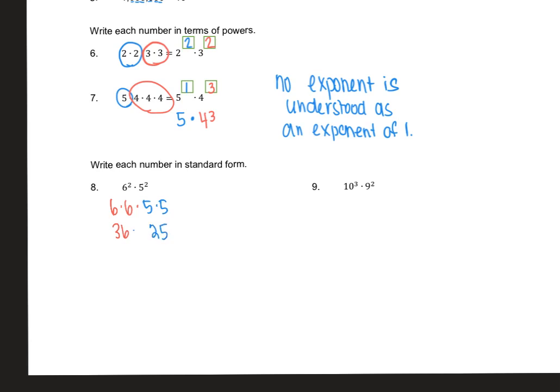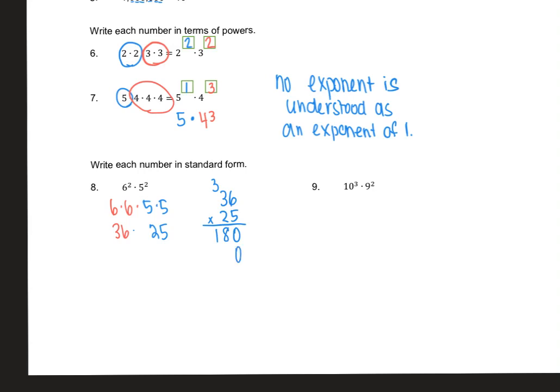Not necessarily a fun multiplication problem for us to do, but one that we can do nonetheless because we've done it a couple weeks ago. So we do 36 times 25. 6 times 5 is 30. We carry the 3. 5 times 3 is 15, plus 3 is 18. So we get 180 for that one.